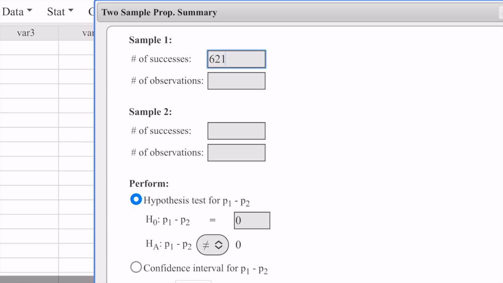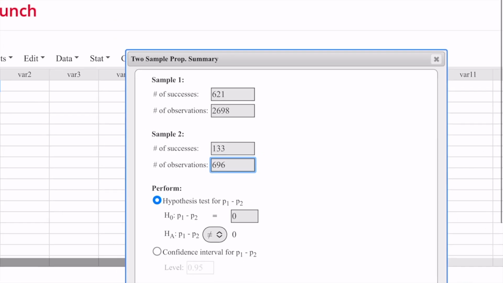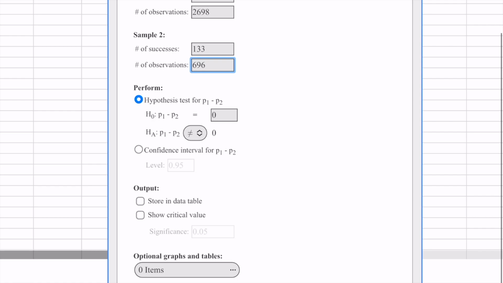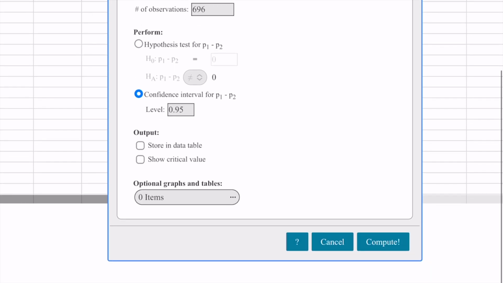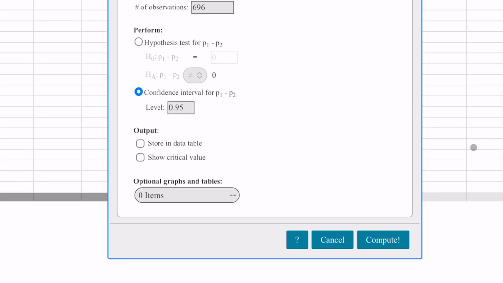And our sample size for the first sample was 2698. The number of successes for sample 2, I believe that was 133, and that sample size was 696. Okay. All right. What are we performing? We're performing a confidence interval for P1 minus P2. Our confidence level is 0.95. Looks good. We click on Compute.